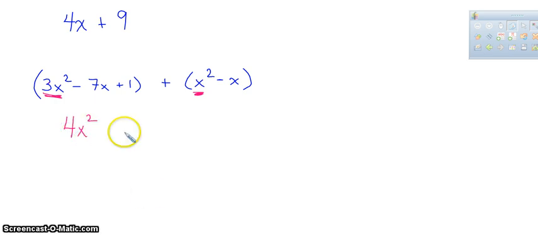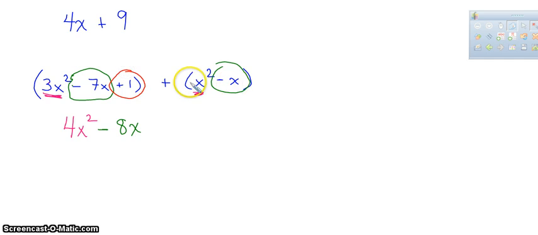Then I have minus 7x and minus 1x, and they're both negative, so I add them and get minus 8x. The only thing I have left is this 1. There's nothing to add it to, so it's like adding it to 0, so I just put plus 1. That is my answer.